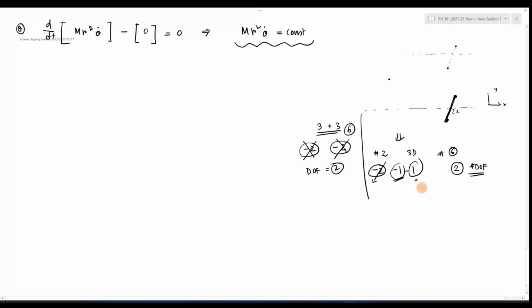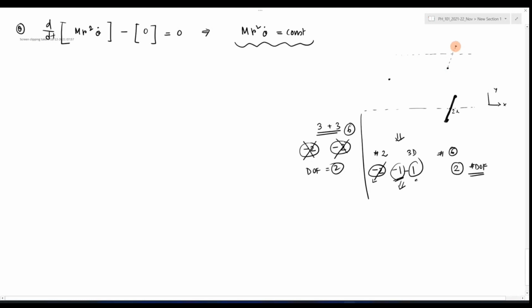So I think there will be five constraints. Why do you think so? Because length is constant, that is one, and it cannot translate in z direction and y direction, center of mass, and it cannot rotate about x-axis and z-axis. Sorry. Okay, you have to choose your convention first, right?